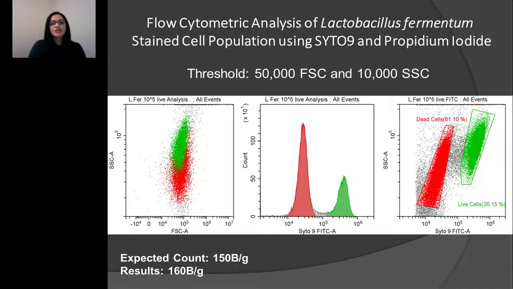And then here you see the difference when we stain the sample. We have on the first panel the bacterial population detected on the previous slides that I just showed you, and the histogram in the middle shows you the beautiful peaks representing the live and dead cells.